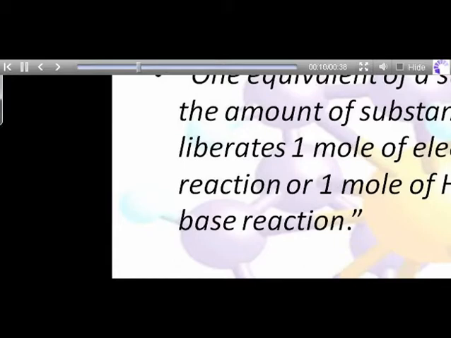One equivalent of a substance in a reaction can be defined as the amount of substance which reacts with or liberates 1 mole of electrons in a redox reaction, or 1 mole of hydrogen ions or hydroxyl ions in an acid-base reaction. In a chemical reaction, one equivalent of a reactant always reacts with one equivalent of another reactant.